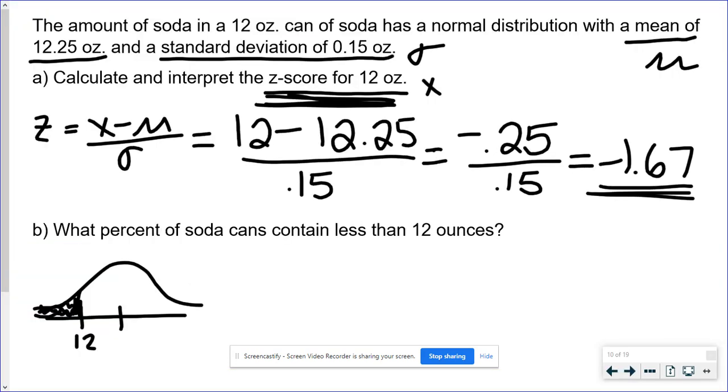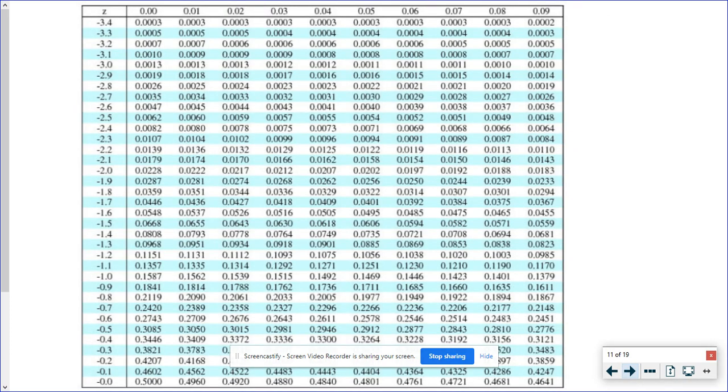So in our specific problem, we had a z-score of negative 1.67. This is the left side of the z-table. Along the column on the left, you're finding negative 1.6. That's the tenths place.